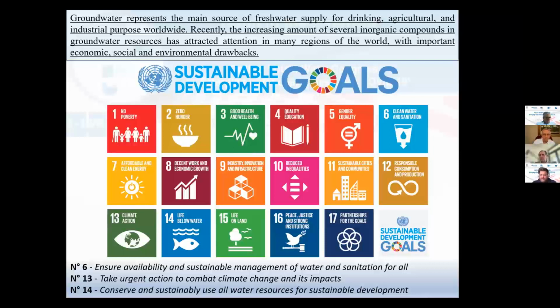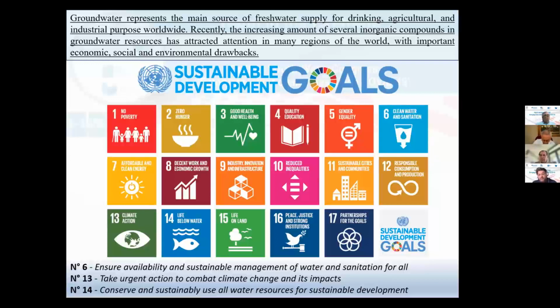This is an issue highly recognized by the international community, and as we can see from the Sustainable Development Goals promoted by the United Nations, groundwater resources are involved in at least three main goals.